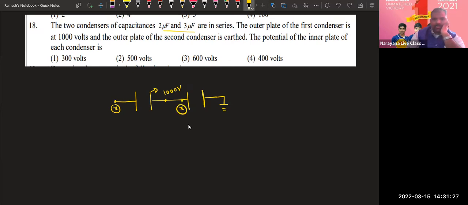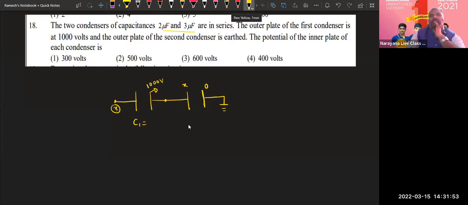This is grounded, so this is definitely 0 volt. This is at 1000 volt, as per the data. And the potential of the inner plate of each condenser, I will assume this is X, this is also X.